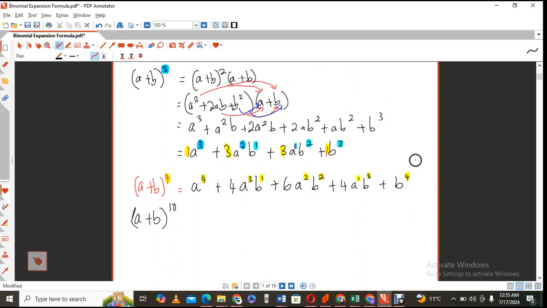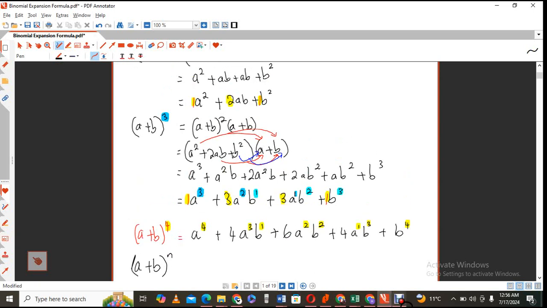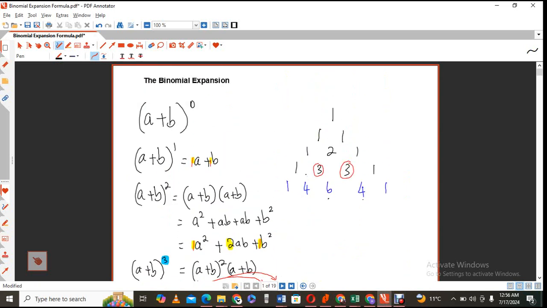So we need then to come up with a different pattern. Pascal's triangle, which is what that triangle is called, by the way, it works, but it can be a bit tedious whenever we have very high powers there. So this is known as Pascal's triangle.